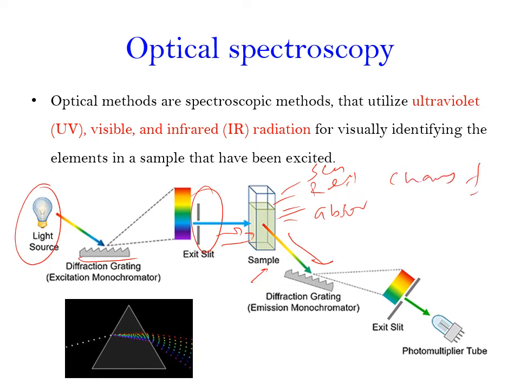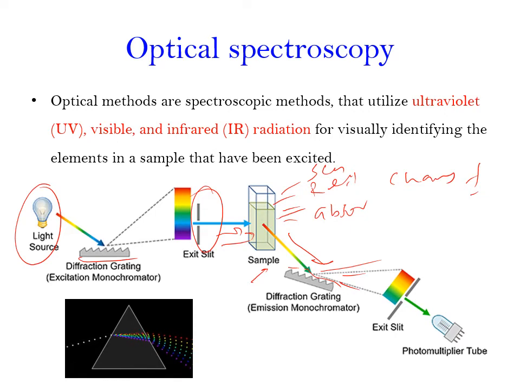If there is a change in frequency, we could have different wavelengths of light. So by using a diffraction grating, it's possible to separate that transmitted light into different wavelengths.